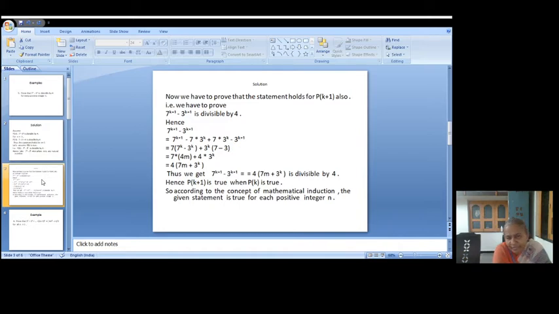Now we take the first two terms and then the other two terms, and in the first two terms we take 7 as common, and in the next two terms we take 3 raised to k as the common term.